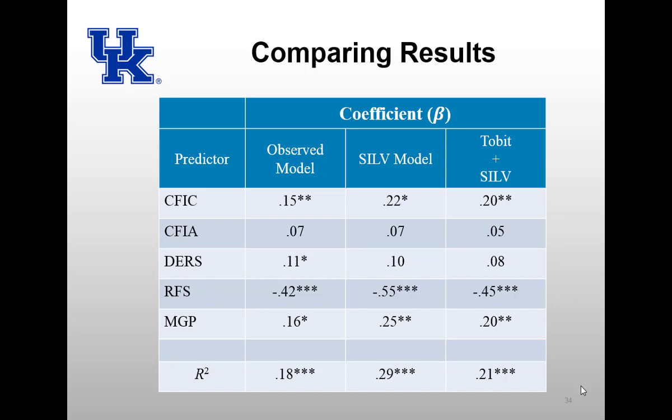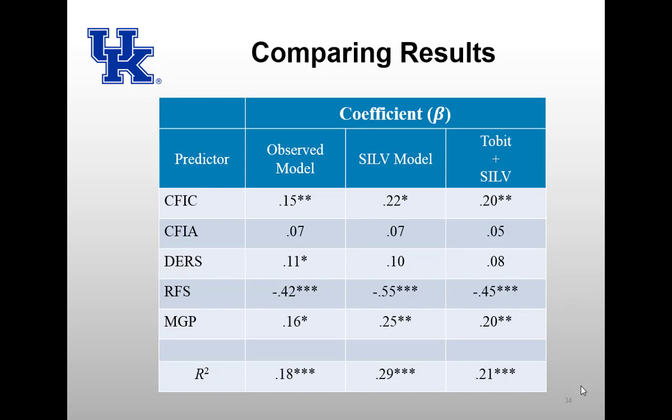And this is a comparison of our models, and you can see down here the R squares again have changed somewhat from that observed model. There's still more variance being accounted for with these different correction approaches. I also wanted to note, I realized we didn't say this, that the censoring effect can be created from things related to measurement error, such as not having enough response options on the items.